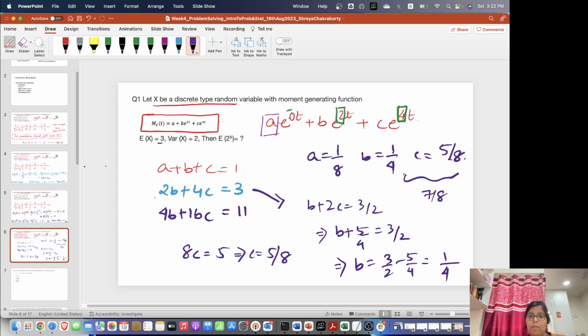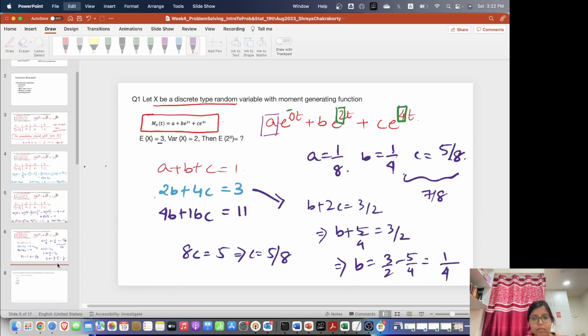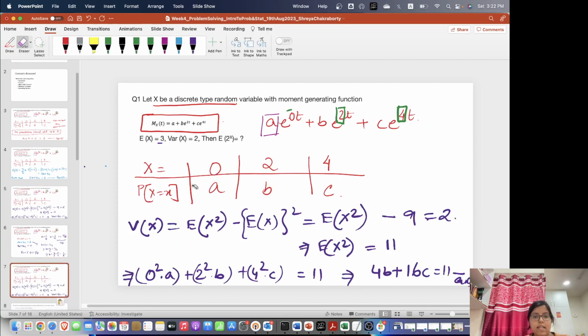So A will be 1/8. All of you got this? Yes. Alright. So then we have the distribution and the associated probabilities. A, B and C are known to us now.